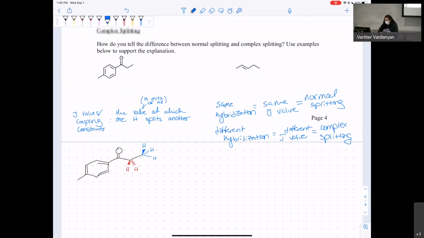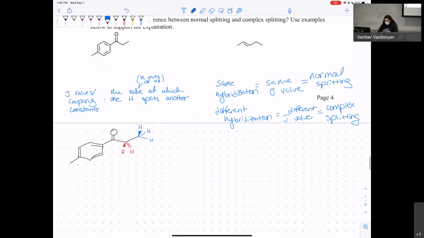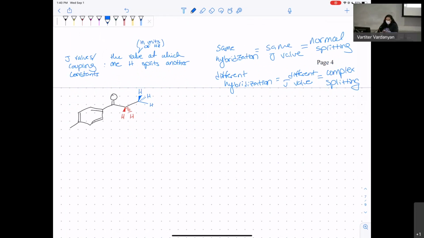So I'm going to zoom out so you can see all of that. Okay, so we're going to start out with the red hydrogens and find the multiplicity and splitting of the red hydrogens. These 2 red hydrogens are going to have a signal on the NMR. Conceptually, we know that, yes?